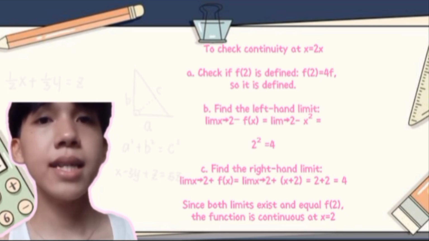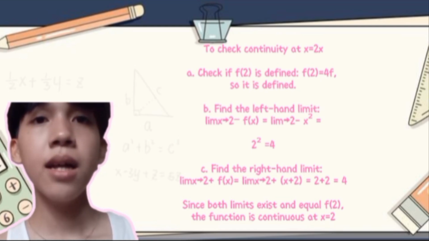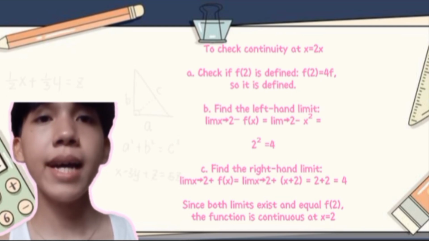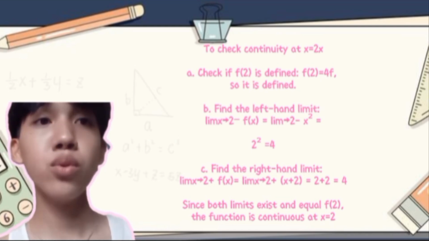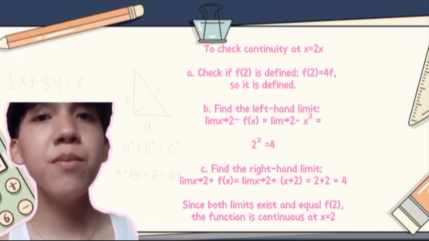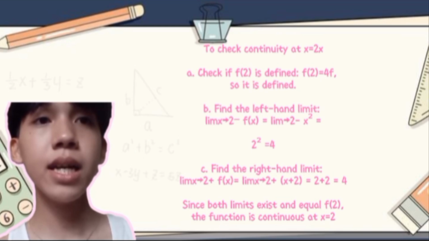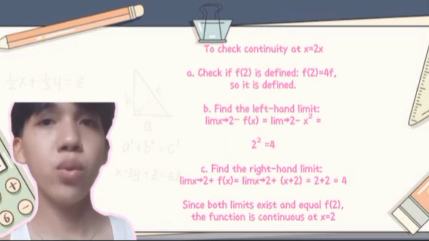The limit as x approaches 2 from the right of f of x is equal to the limit as x approaches 2 from the right of x plus 2, which is 2 plus 2, which is equal to 4. Since both limits exist and equal f of 2, the function is continuous at x equals 2.